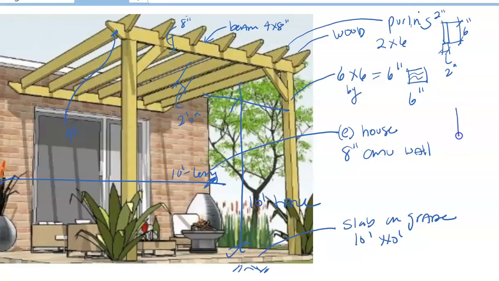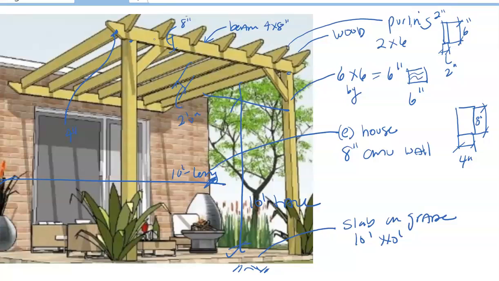So I drew that right here. It's not really shown that fat here, but it essentially is 4 inches wide by 8 inches deep. And that beam wants to span from column to column, and it's going to carry these purlins that are 2 foot on center.